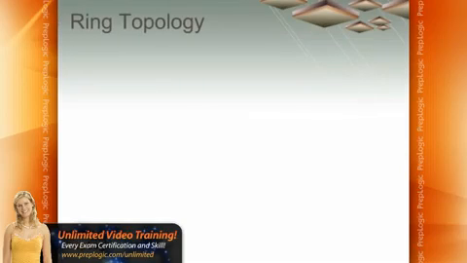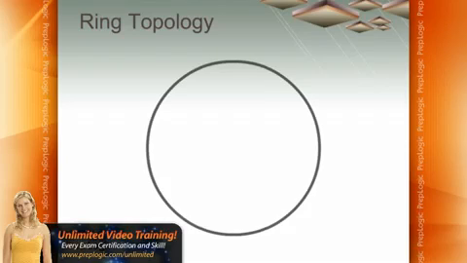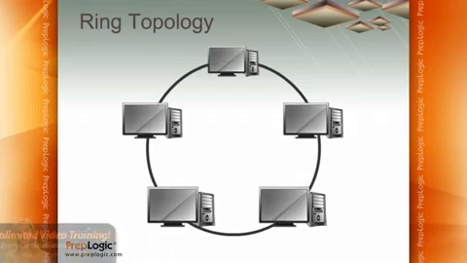The next type of topology that was very common was known as a ring topology. A ring topology literally had a ring of wires that went to every different computer on the network. The secret to a ring topology is that there was a direction to it. It would literally go one direction or another.